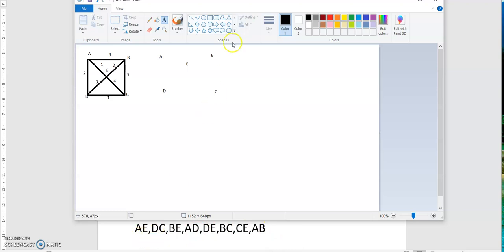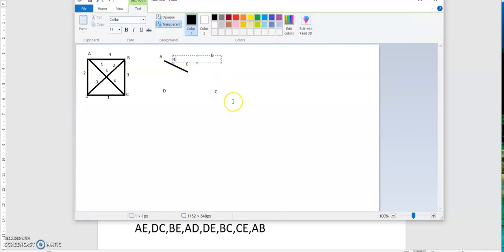So we have to join AE, and its value is 1. Next edge is DC, so we need to join DC.